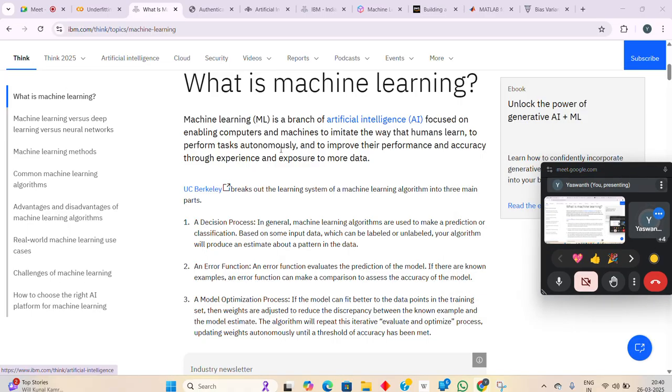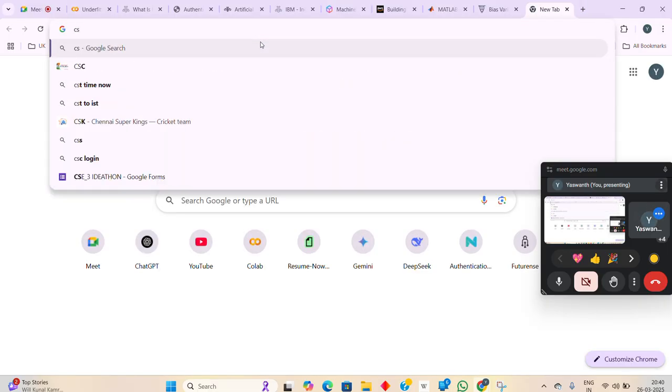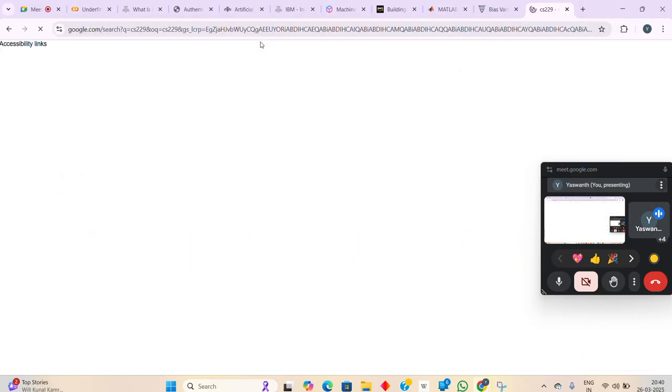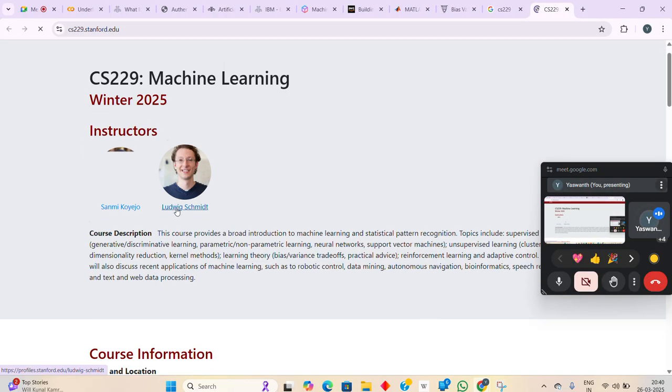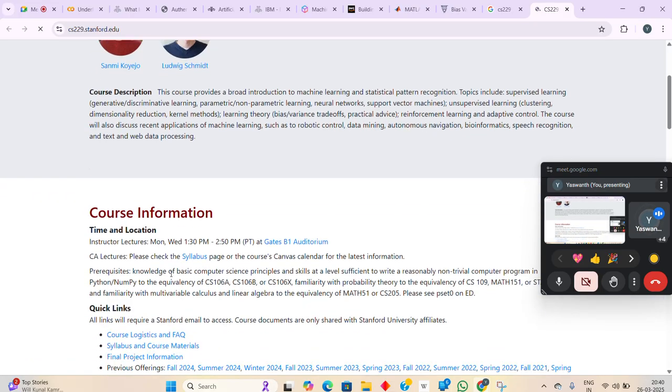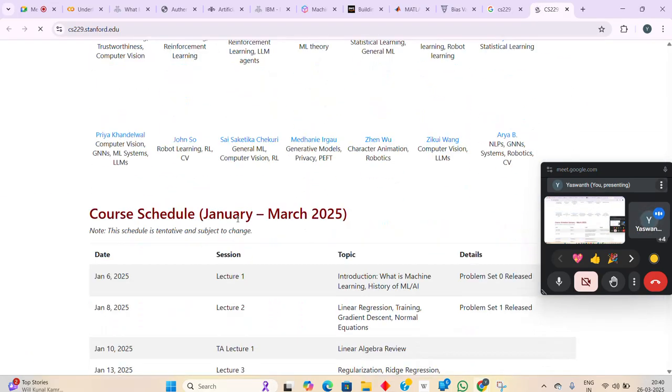You can explore IBM or AWS, MathWorks, Cognitive AI, and this ML University, or CS229. CS229 from Stanford University is also good, but I think we have to pay. I'm not very sure. This is also really good, but I'm not sure whether it is fully free or not.